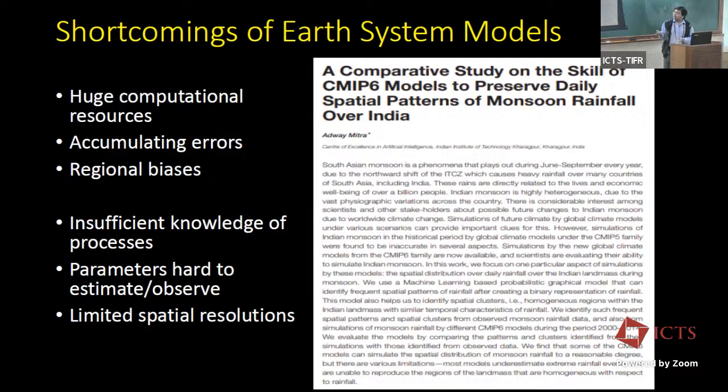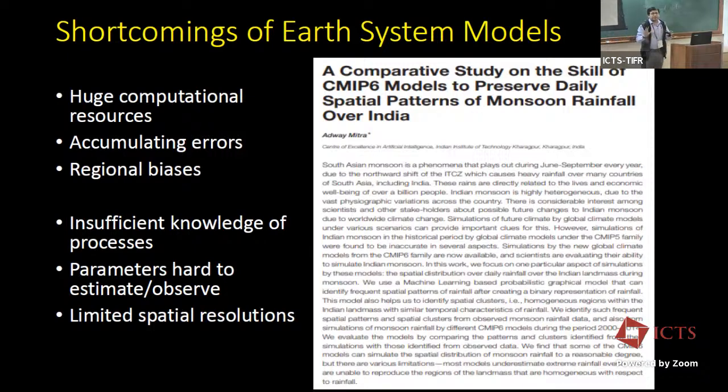And what you are seeing is my own work, which came out in 2021, where I tried to see the spatial patterns of the Indian rainfall. Many of you must be familiar with MISO, the monsoon intraseasonal oscillation. We know that the spatial distribution of rainfall across the Indian landmass evolves during the entire season. There are active phases when some parts of the landmass receive rainfall while other parts remain dry, and then there are break phases when the exact opposite happens.